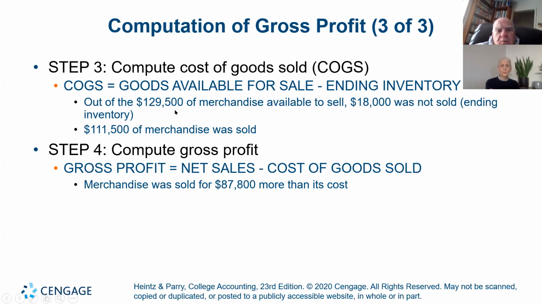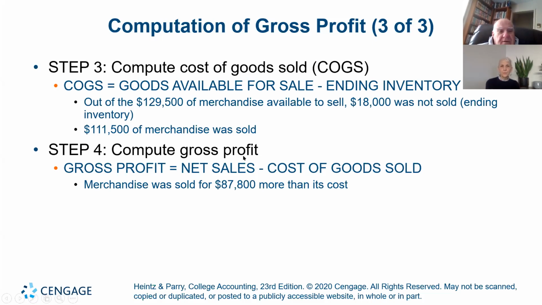Of the 129,500 of merchandise available to sell, 18,000 was not sold. So we're assuming that what's not there was sold. And that's going to be our cost of goods sold on the financial statements. What's available for sale? We either sold it or we still have it in the inventory. That's what we're assuming. We're also not worrying about somebody stole things or something, okay?